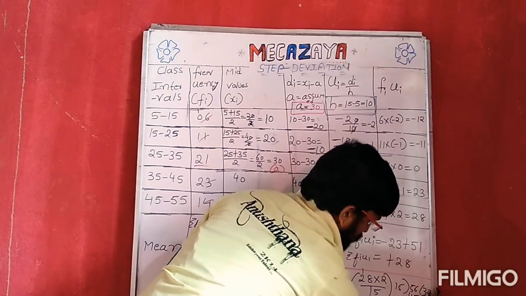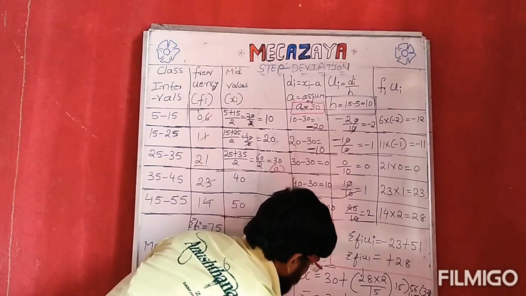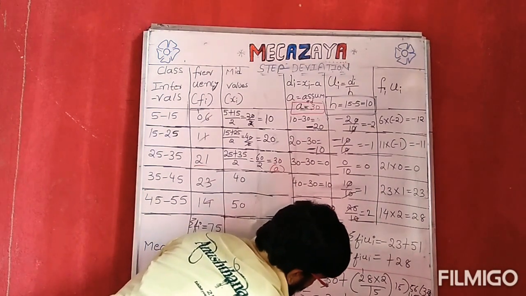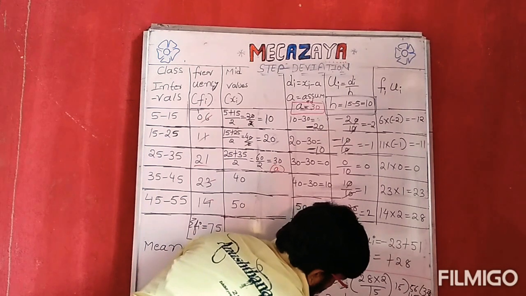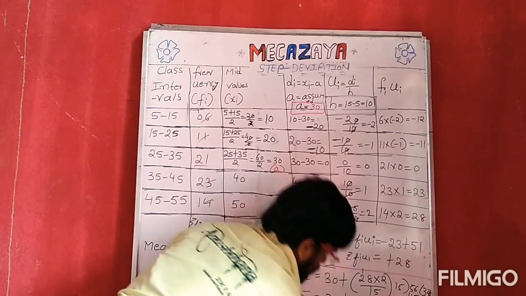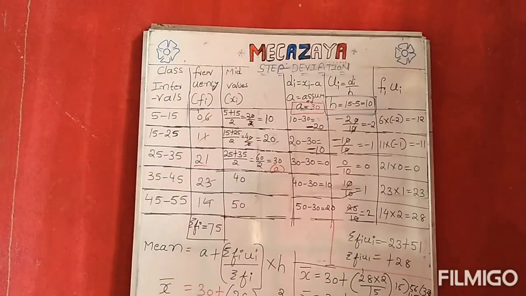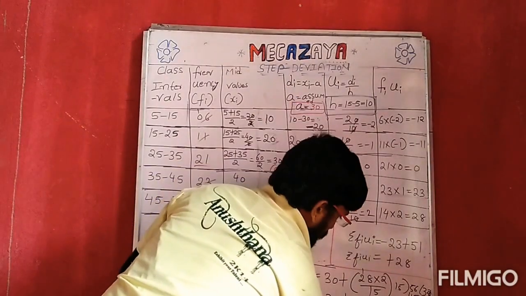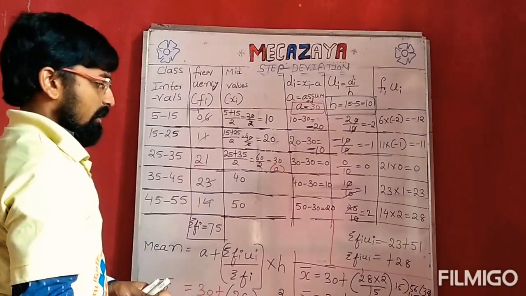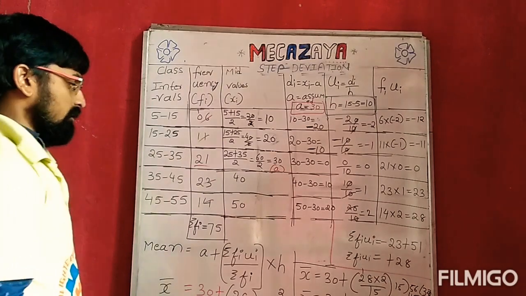So 5 remaining, 3.7. So x bar equals 30 plus 3.7, nothing but 33.7. This is the x bar. So mean equals 33.7. Are you getting?